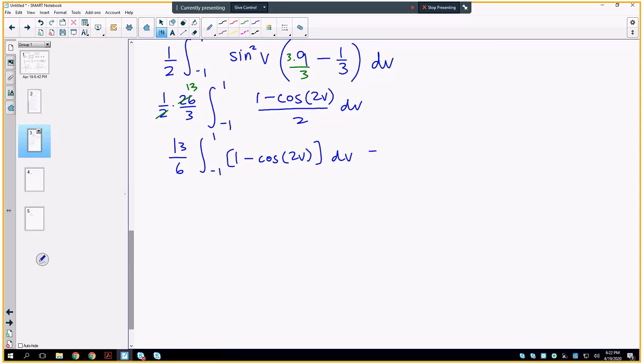And that's not bad. I can say that's 13 over 6. The antiderivative of 1 is v, and the antiderivative of minus cosine of 2v should be minus sine of 2v over 2.